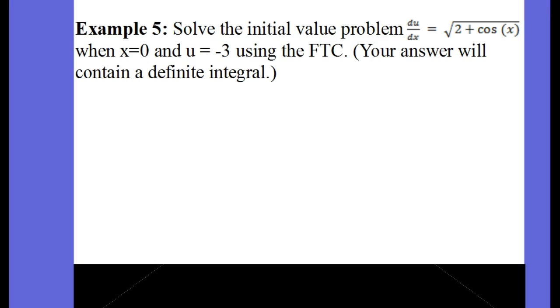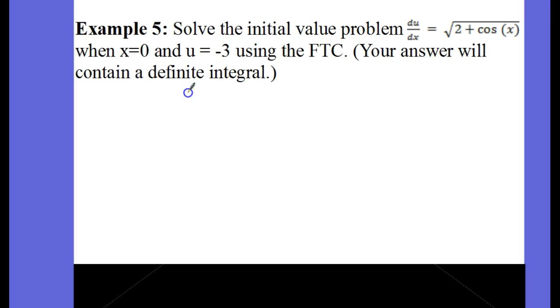Okay, FTC. Remember, the fundamental theorem of calculus says that you can have an input and an output, and you can take a derivative of an integral, and you end up just getting a manipulated integral. So what we want to do is set this up so it looks like FTC. What are the first things we're going to do to make it look like FTC? We have to do what to the variables?